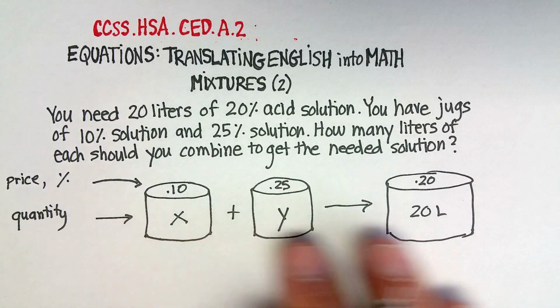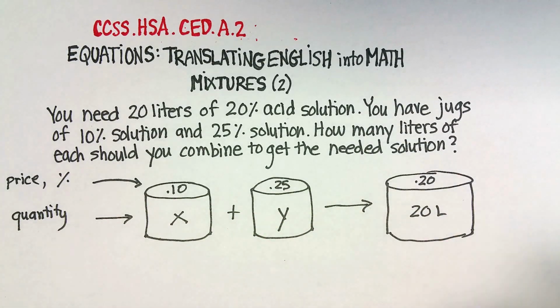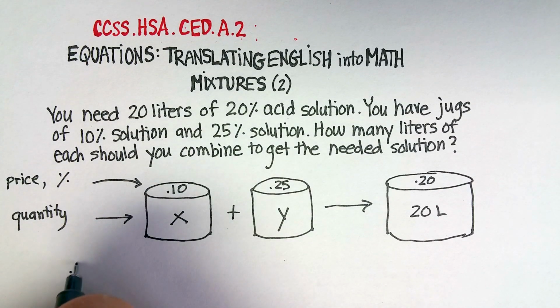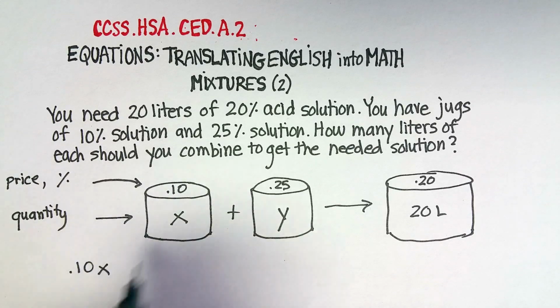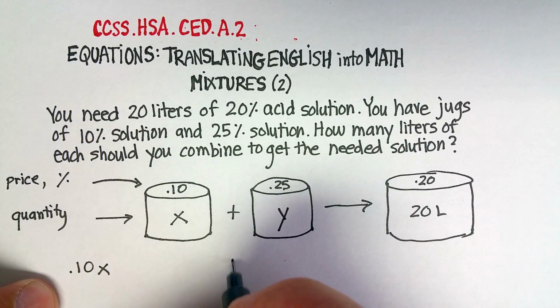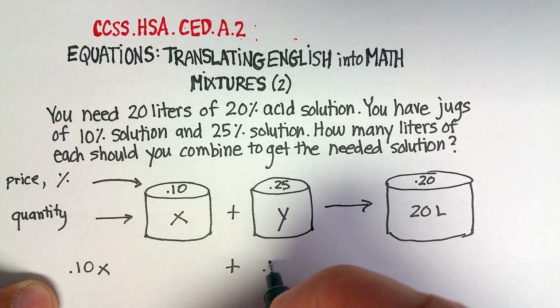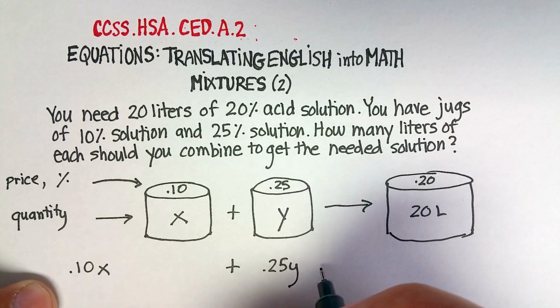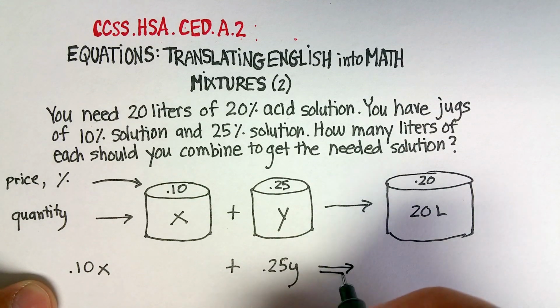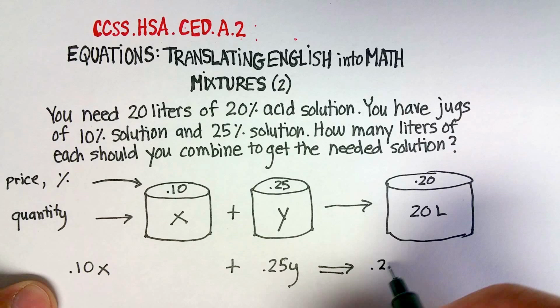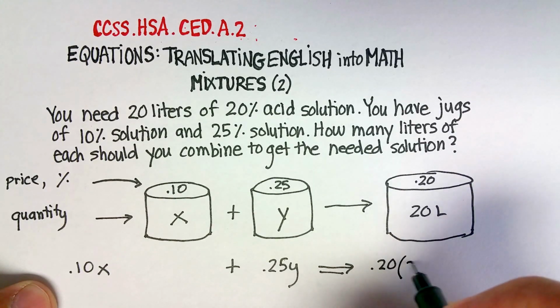Now let me show you how I could write this out to form an equation. I'm going to say this times this, so 10% solution times its quantity, plus 25% solution times this quantity, should equal 0.20, or 20% solution, of this quantity.